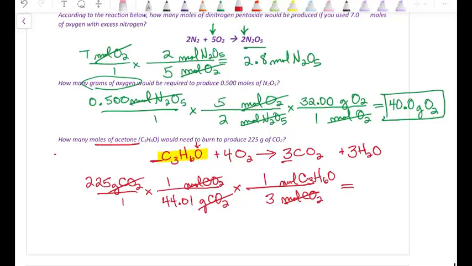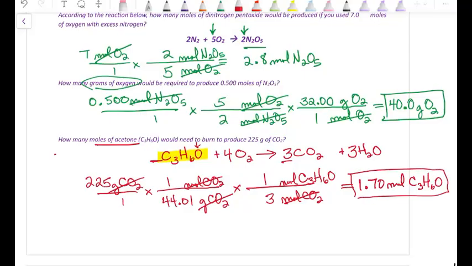Okay, and so all I have to do is take 225 and divide it by, and then I'm going to use parentheses and say 44.01 times 3 inside of parentheses, okay? And I should get 1.70 moles of acetone.